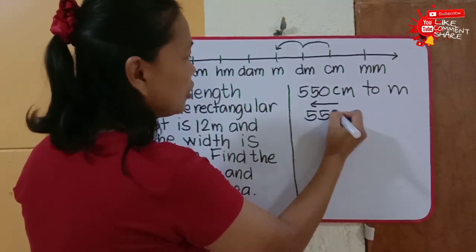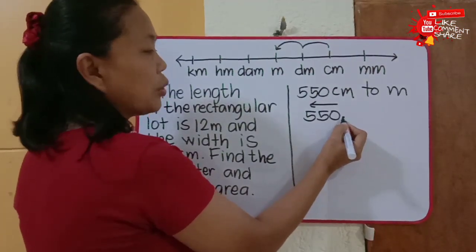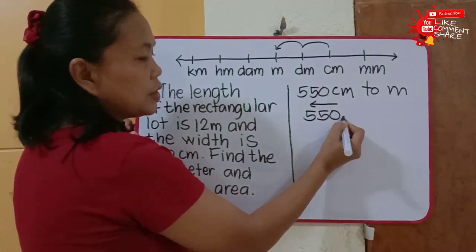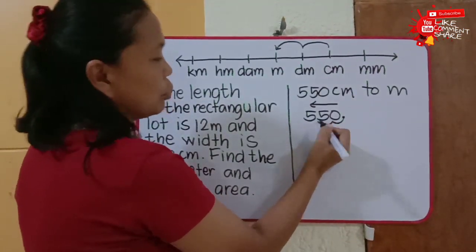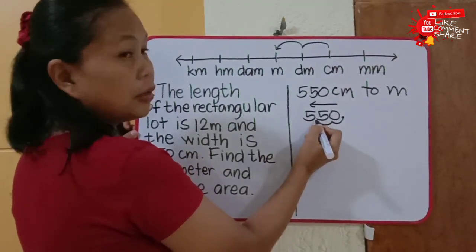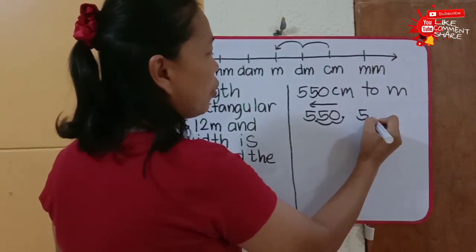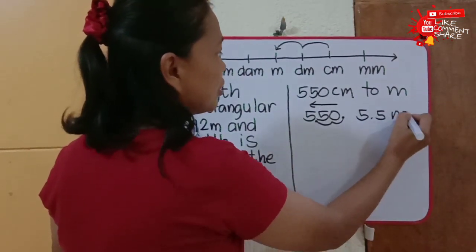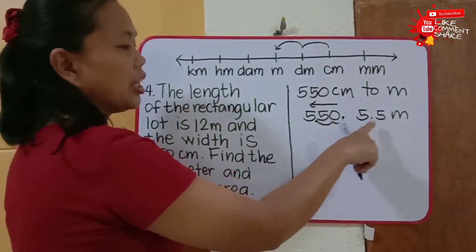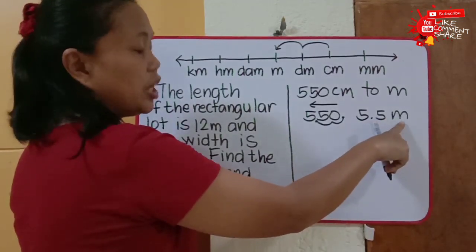This is 550, the location of the decimal point if it is a whole number. Count the movement: 2 to the left. 1, 2. So the new location of the decimal point is between the 5s. So the answer will be 5.5 meters. So the new unit for our width is meters, and it is equivalent to 5.5 meters.